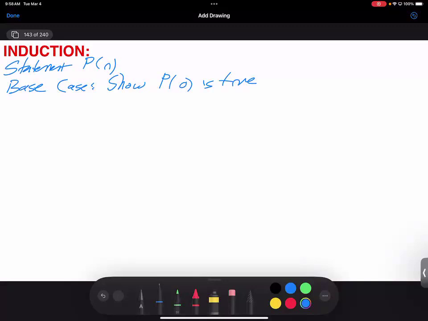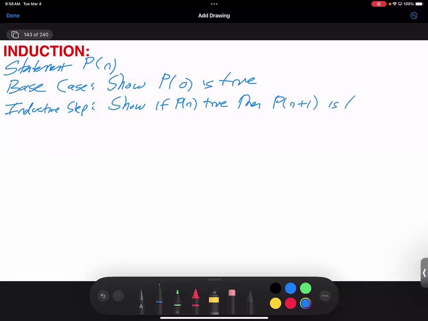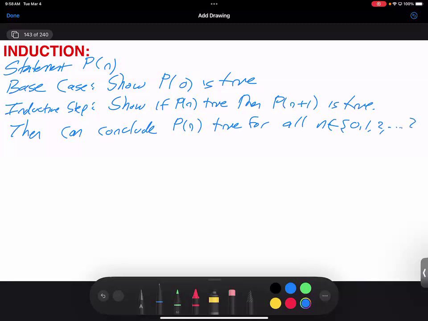And then you have the inductive step: show if Pn is true, then Pn plus 1 is true. Then we can conclude Pn is true for all n in 0, 1, 2, and so on.